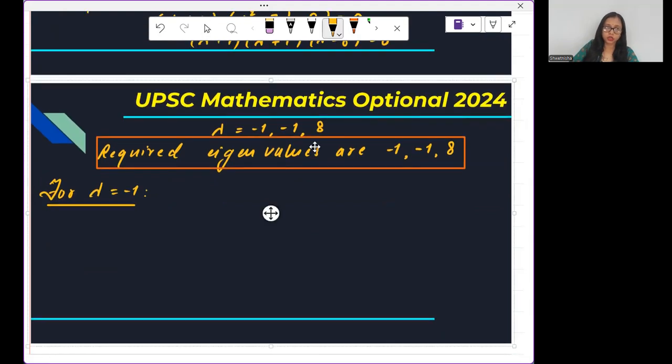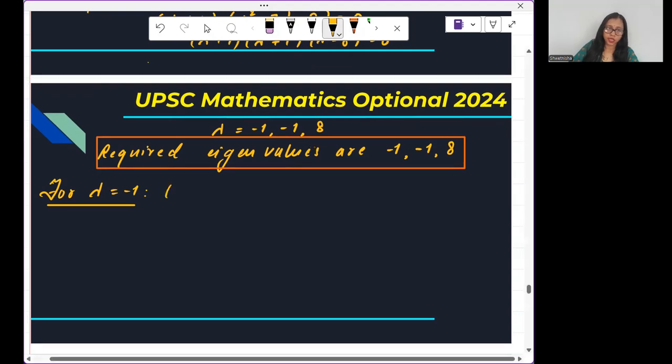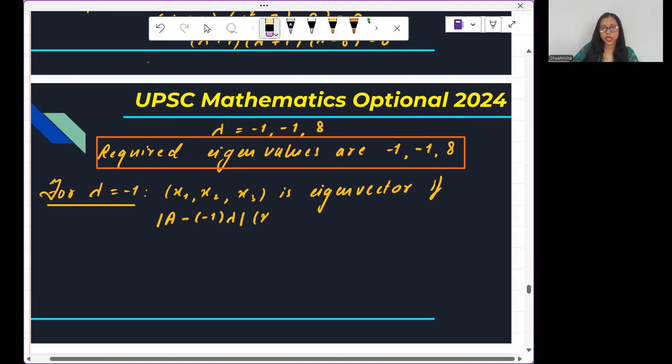x1, x2, x3 is an eigenvector if the determinant of A minus lambda I, with lambda equals -1, times x1, x2, x3 is 0, 0, 0. So let's solve it.